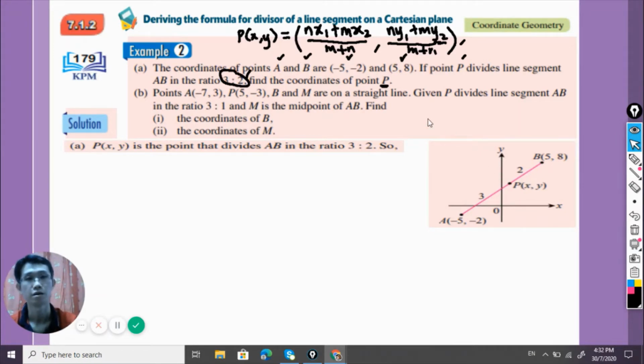As you can see here, based on this statement, P divides AB in the ratio 3:2.